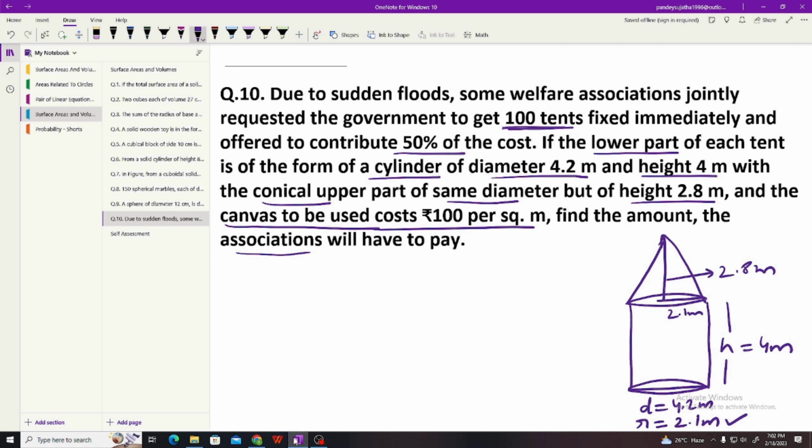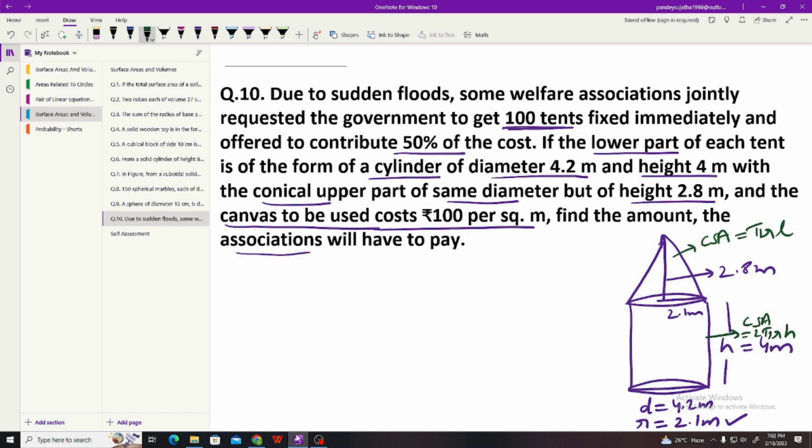To find the cost of the canvas being used, first we'll find the total surface area of the tent. Since the total surface area of the tent will be equal to the curved surface area of the conical part of the tent, that is pi r L, and the curved surface area of the cylindrical part of the tent, that is 2 pi r h.